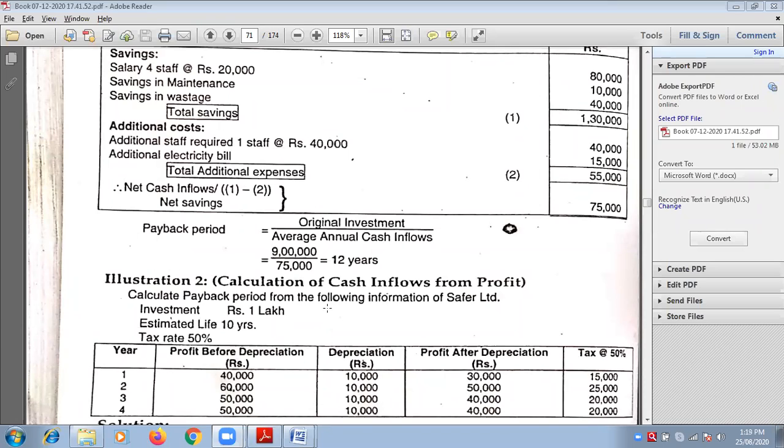Profit after depreciation or profit before tax is one and the same thing. So 30, 50, 40, 40, the fourth column is profit after depreciation.